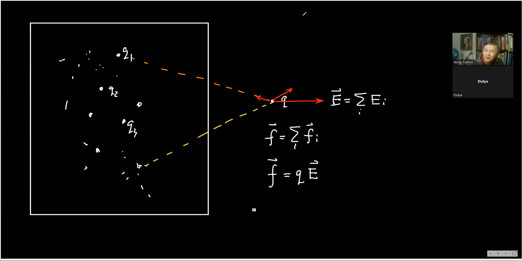If we know the electrical field, we don't have to calculate the force one by one. Okay, we'll stop here. Of course, you can argue how could you know this electrical field in the first place? Well, you can either calculate it one by one, or you can measure the electrical field.